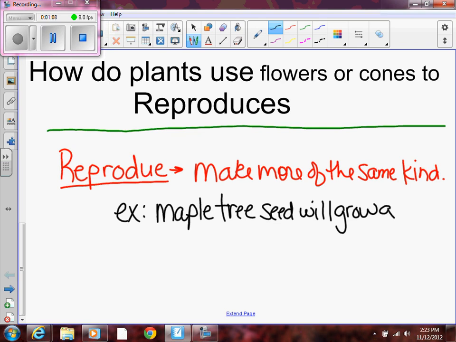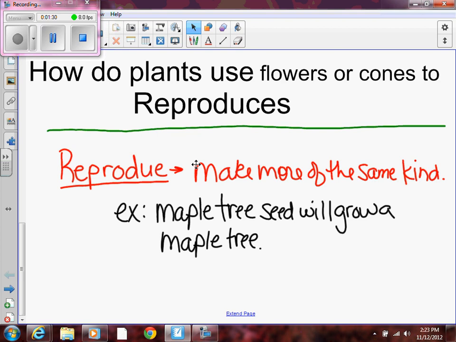A maple tree seed will grow a, what kind? A maple tree. Okay?